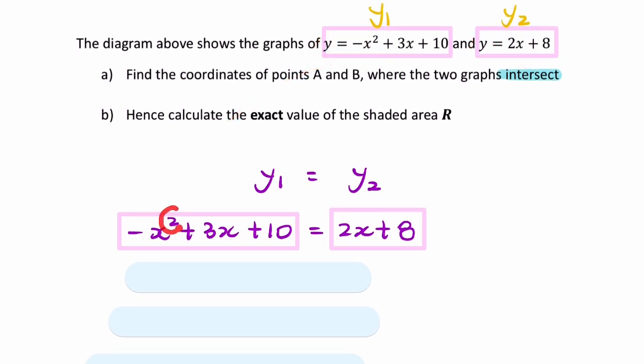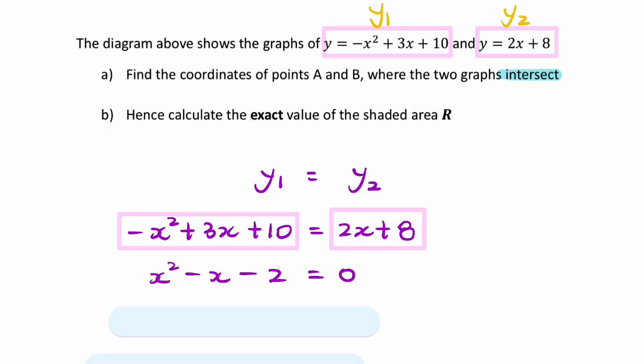And you'll notice you have a quadratic here, to the power 2. So the best thing is to move everything to one side so you have 0 on the other side. So if we combine all the terms together, we have a quadratic equals 0. And the best thing to do in a situation like that is to try to factorize it.